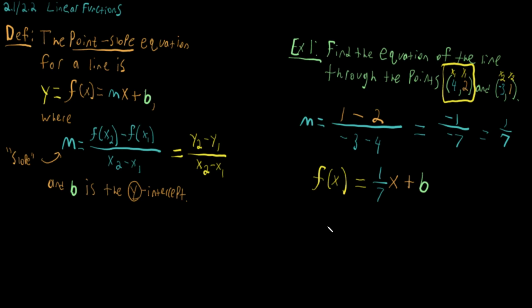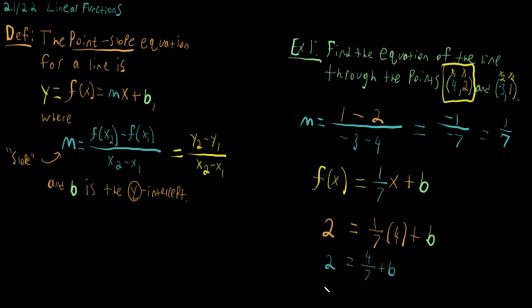So y1 is 2. I'm just going to plug in 2 here. I'm going to say 2, in this case, equals 1/7 times, and then the x that goes with that is 4, plus your specific b. And all you have to do now is solve this for b. So you're going to get that 2 equals 4/7 plus b, which means we can subtract 4/7 from each side.